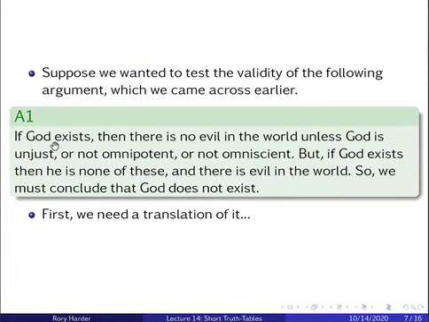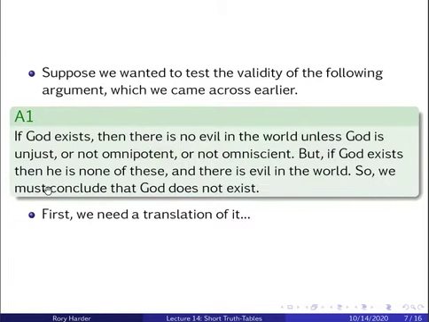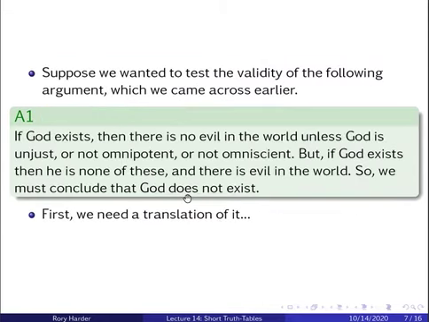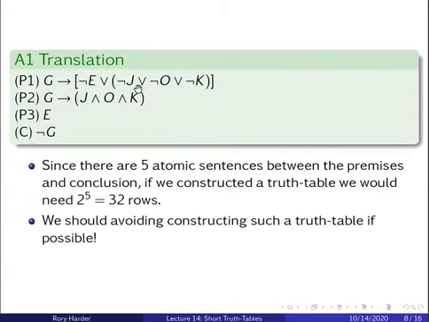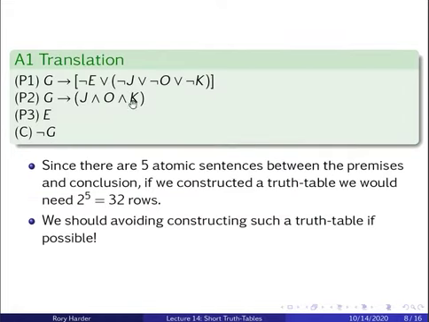So for instance, G here stands for God exists, and E stands for there is evil in the world, and J, O, and K stand for God is just, God is omnipotent, and God is omniscient, respectively. So given that translation manual, we have the argument which we have with three premises.